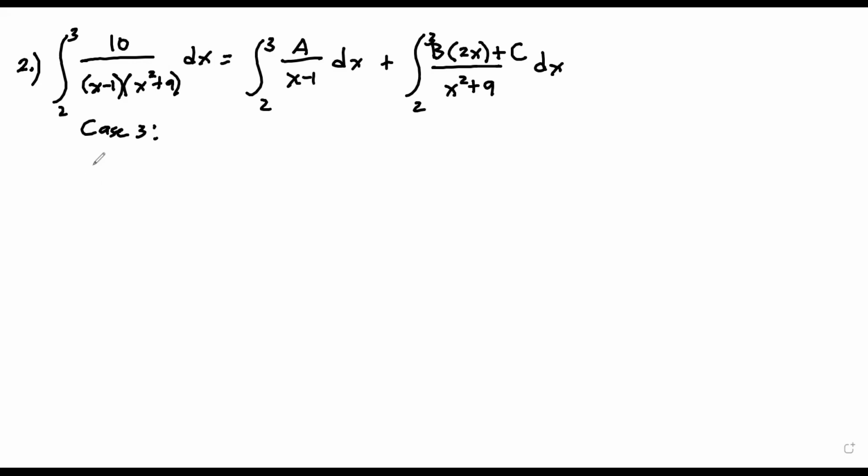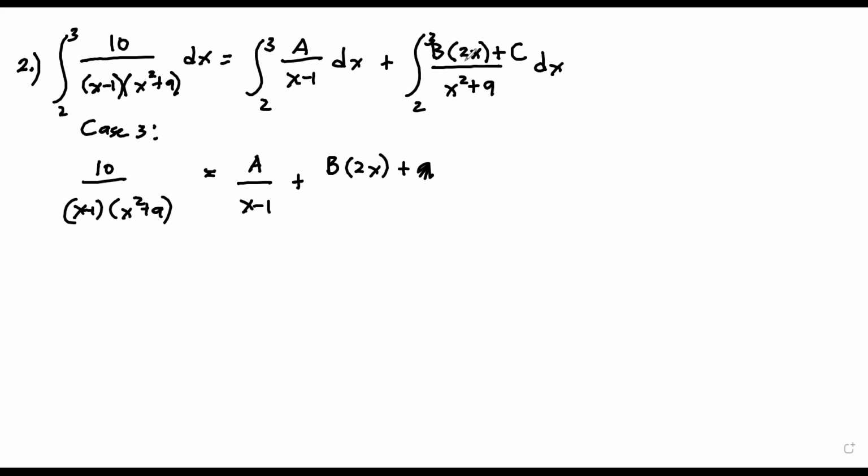using partial fraction. So we'll just copy the given: 10 over x minus 1 multiplied by x squared plus 9 equals A over x minus 1 plus B times 2x plus C over x squared plus 9.